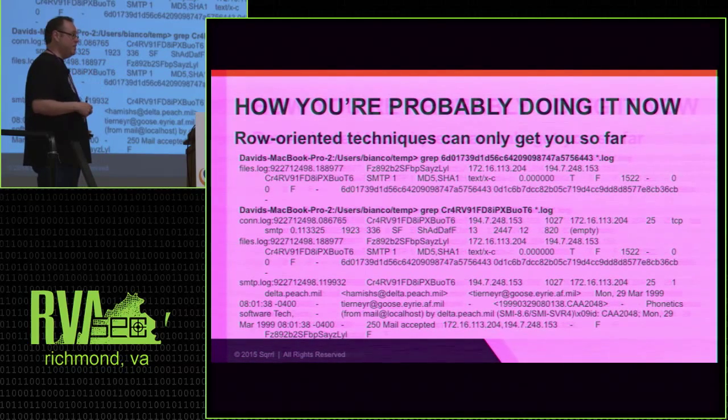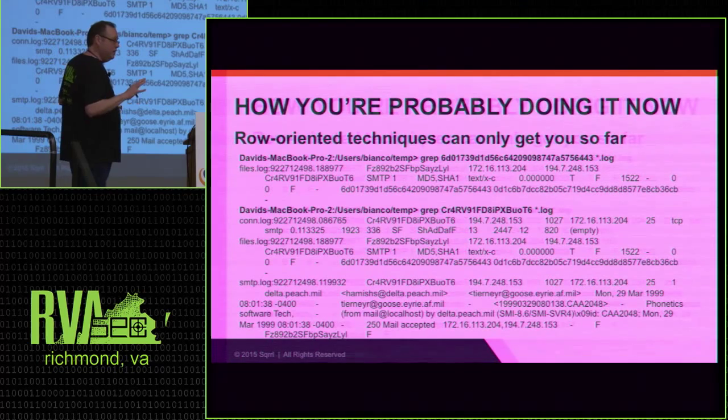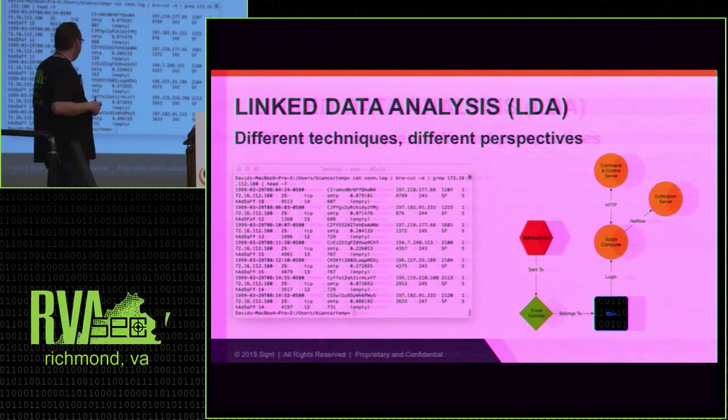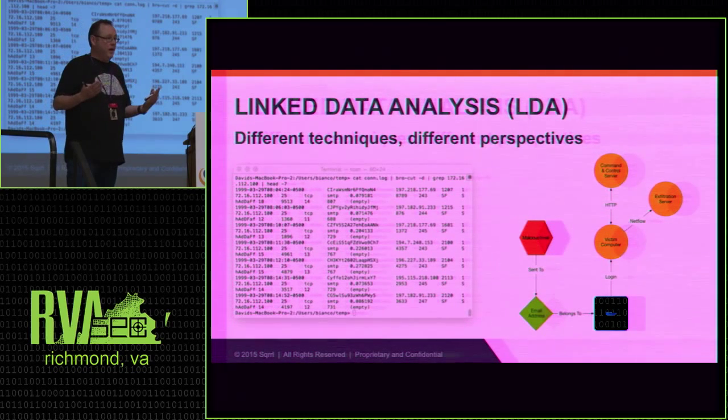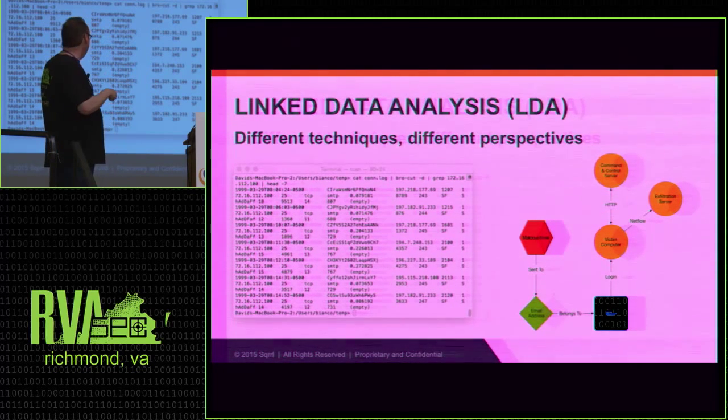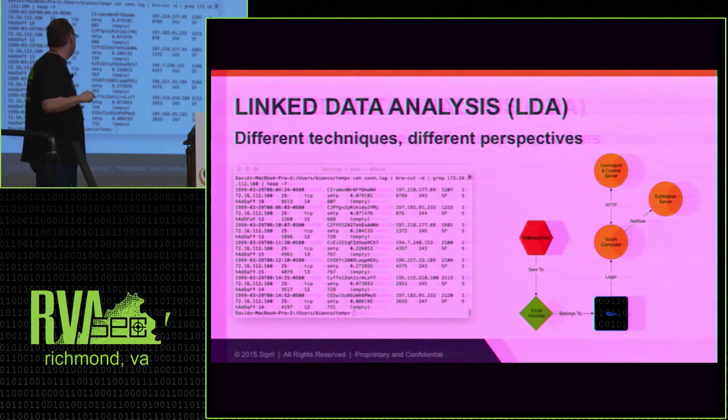But sometimes it really helps you out if you can get a little bit different view. So here we have two perspectives on the same data. On this side, again, here's me on my laptop doing a grep through a bunch of Bro logs to try to find information about some suspicious connections.